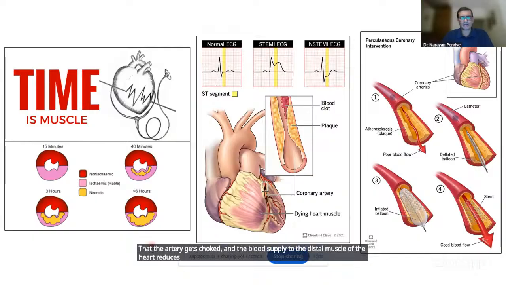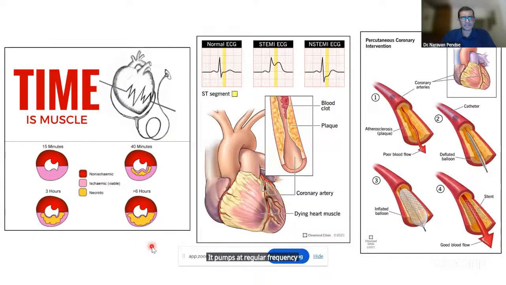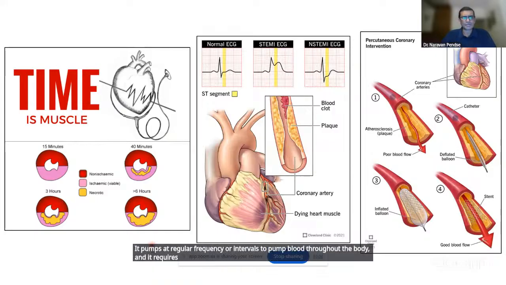Now, you know that the heart is basically a pump. It pumps at regular intervals to pump blood throughout the body, and it requires muscle to do so. When that muscle itself is not receiving an optimum amount of blood, it will not be able to do its job properly, because blood is the source of oxygen, energy, glucose, etc., to the muscle.